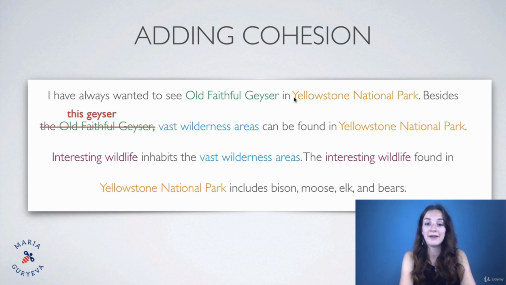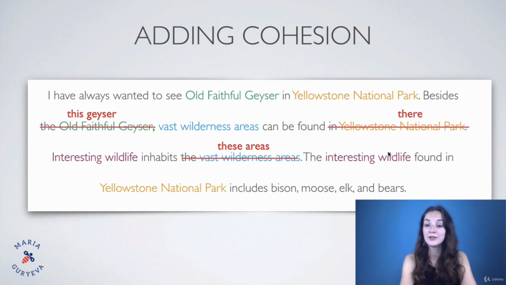Okay, so we already have Yellowstone National Park, so here, instead of repeating it, we're going to write there. Besides this geyser, vast wilderness areas can be found there. Now, we already have vast wilderness areas, they were here, so that's why we replace it with these areas. Interesting wildlife inhabits these areas.